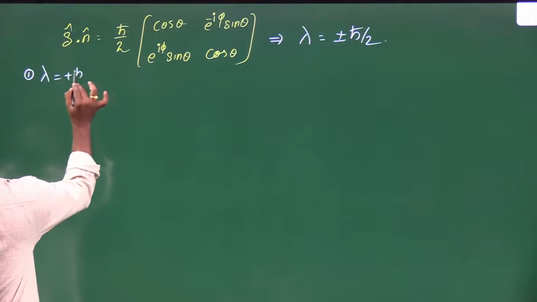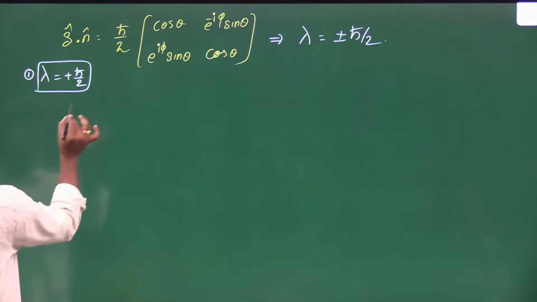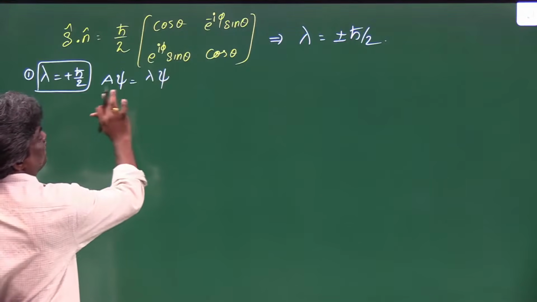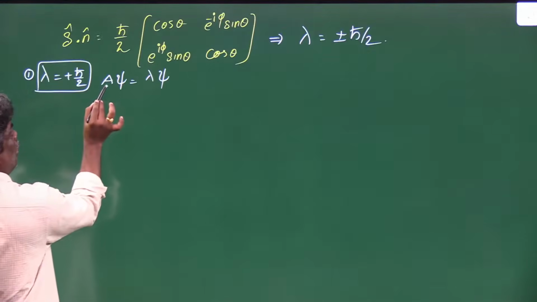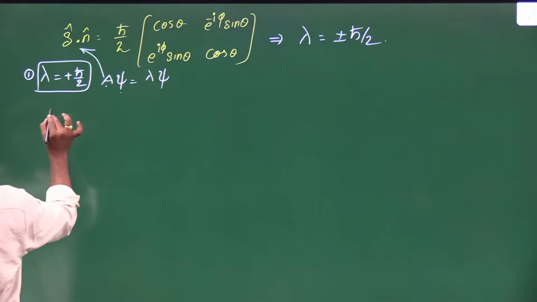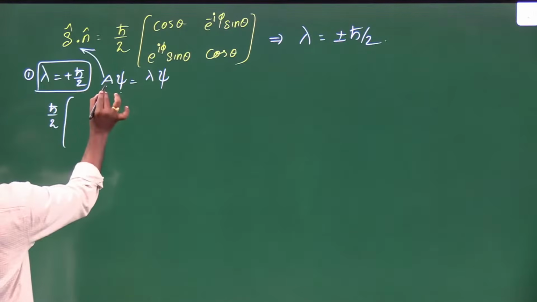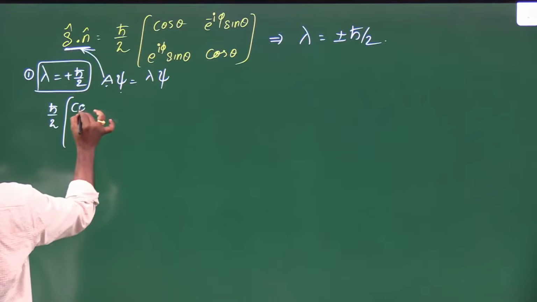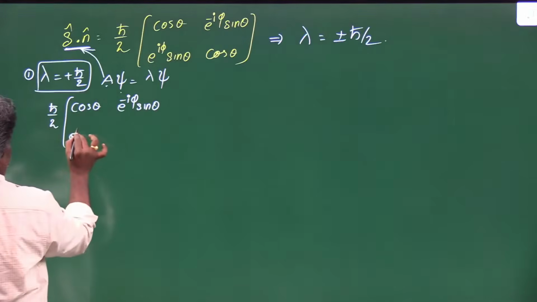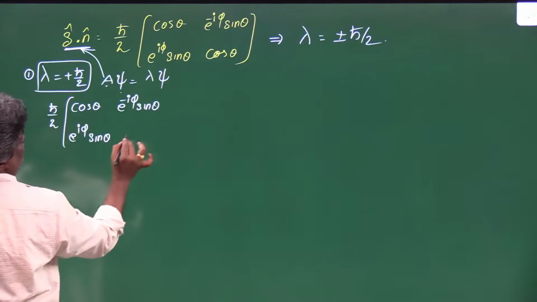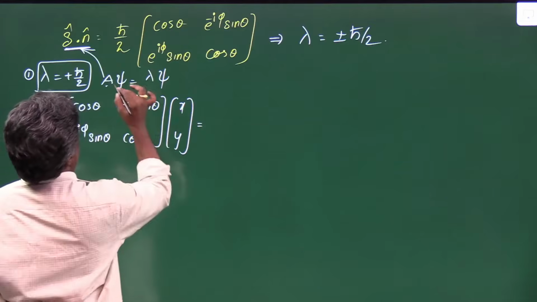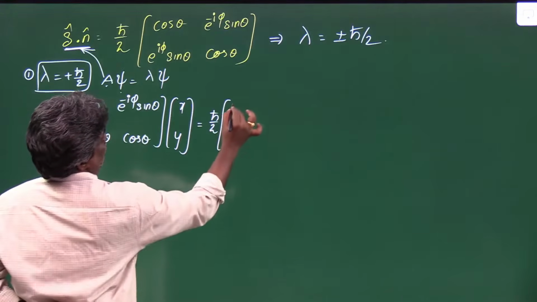Lambda equal to plus h cross by 2. For this eigenvalue, I am going to find the eigenvector: A psi equal to lambda psi. This is called the eigenvalue equation. Operator, eigenstate, lambda. So the operator is h cross by 2 times the matrix cos theta, e raised to minus i phi sin theta, e raised to i phi sin theta, cos theta, into psi (x, y), equal to lambda h cross by 2 (x, y).